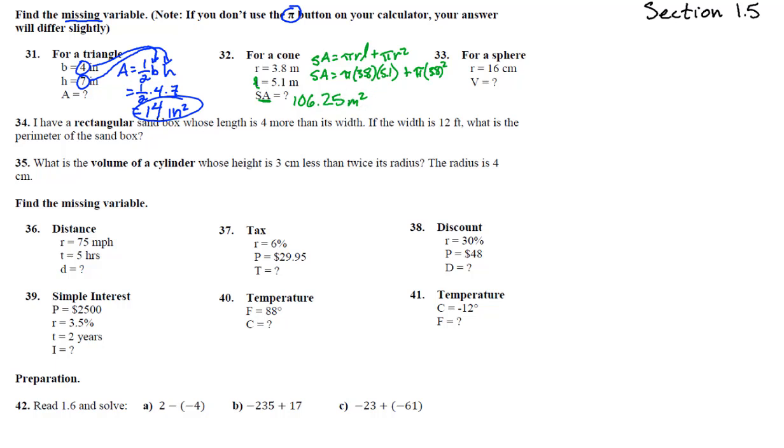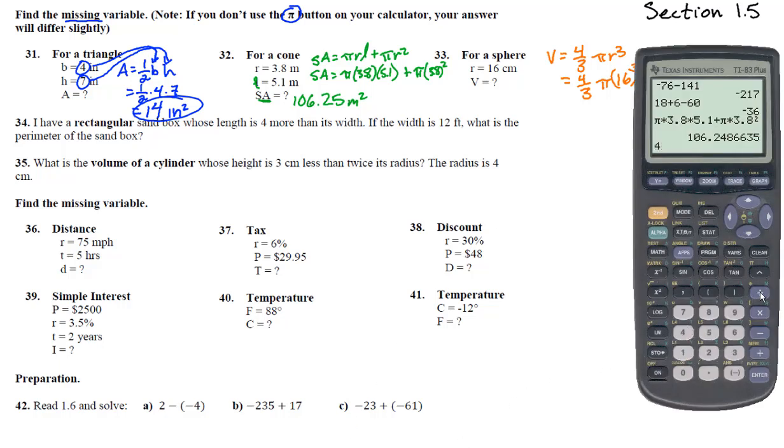All right, number 33. For a sphere, look up the formula for the volume of a sphere, and you get volume equals 4/3 pi r cubed. So in this case, it's going to be 4/3 times pi times 16 to the third power. Punch that in our calculators. 4 divided by 3 times pi times 16 to the third power.